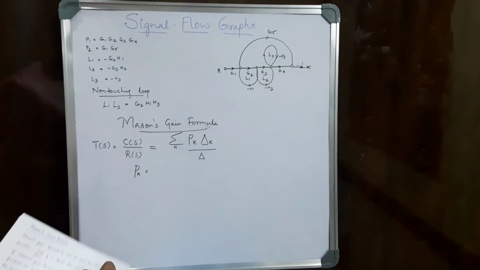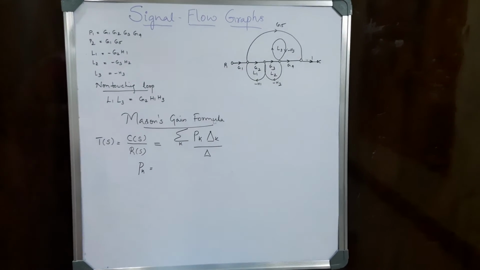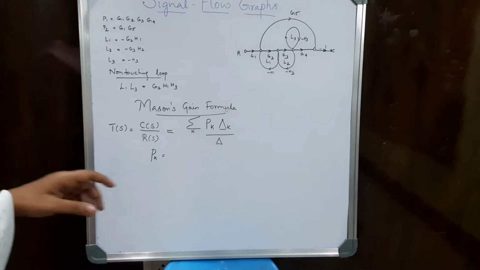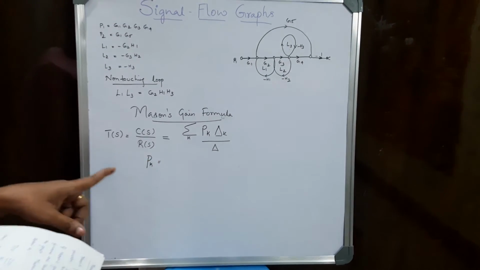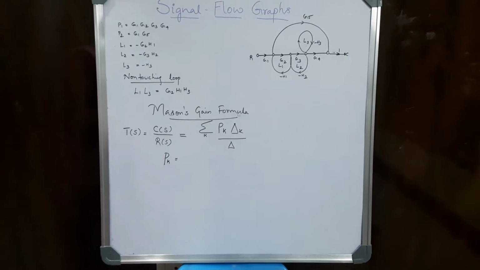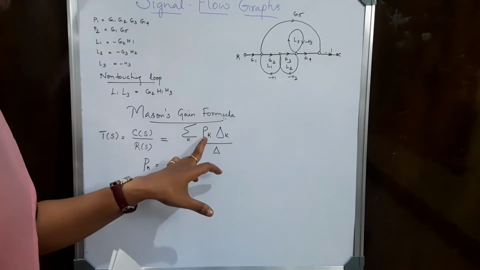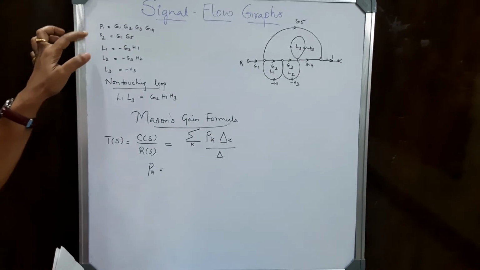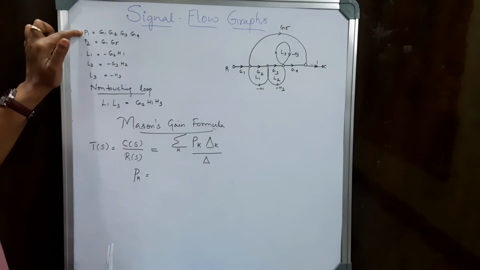Pk represents here the gain of the kth forward path between R of S and C of S. So here Pk represents the forward path. So in our problem here we have two forward paths, that is P1 and P2.